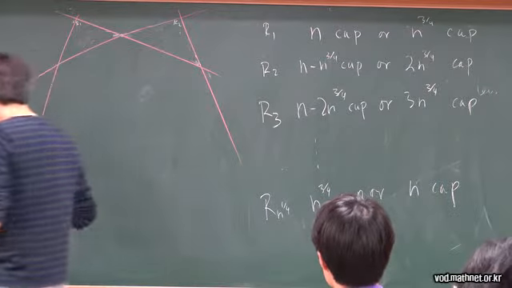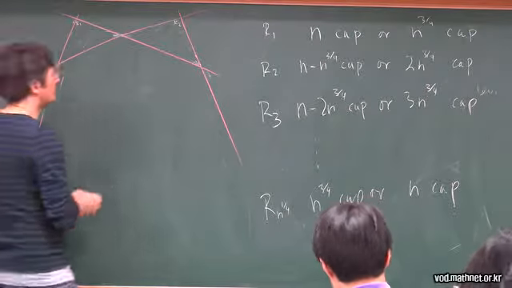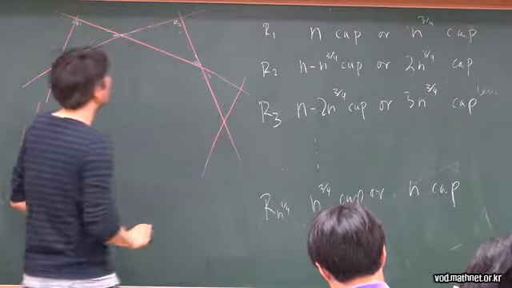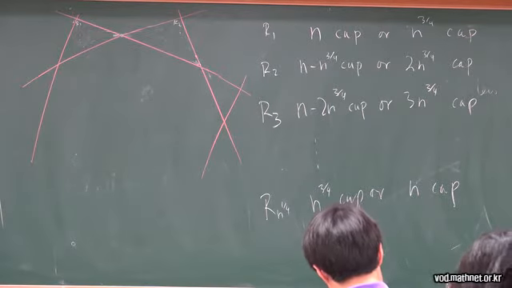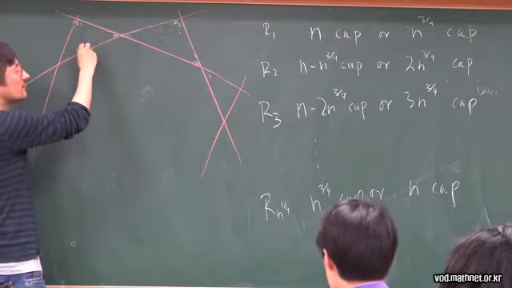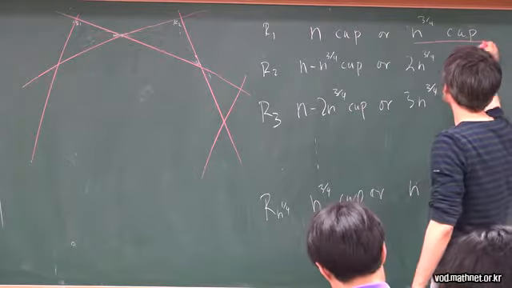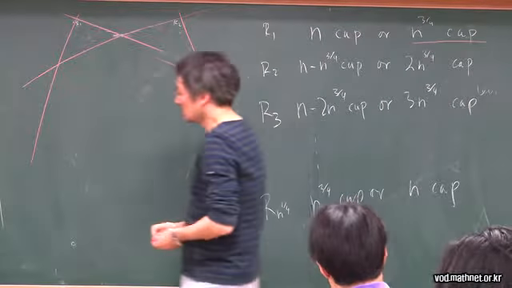Okay, so now let's look at this situation. I'll draw one more region here. Okay, so if there's an n cup in region 1, I'm happy, I'm done. Okay, so let's suppose that doesn't happen.